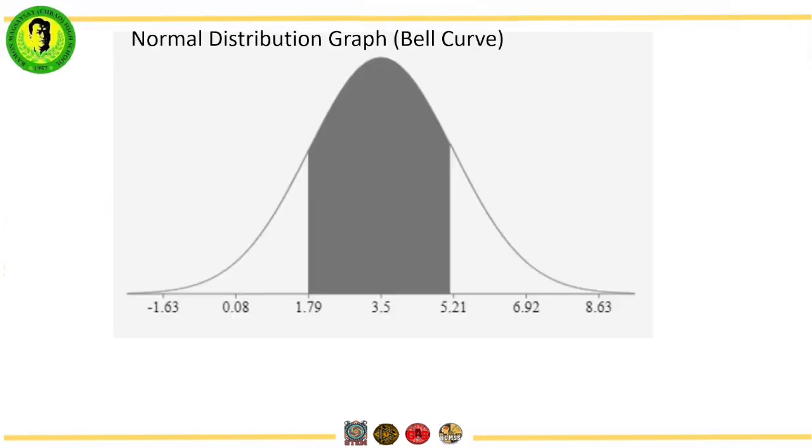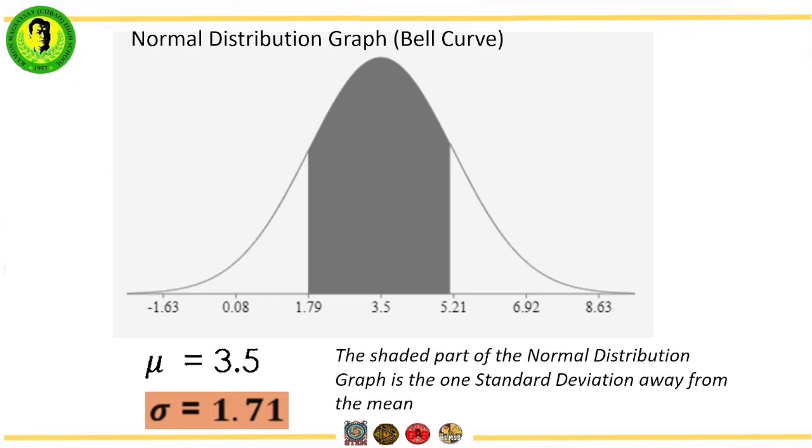Normal distribution graph. Let's interpret the rolling of a die using the normal distribution graph, or the bell curve. The mean is 3.5 and the standard deviation is 1.71. The shaded part of the normal distribution graph is one standard deviation away from the mean.